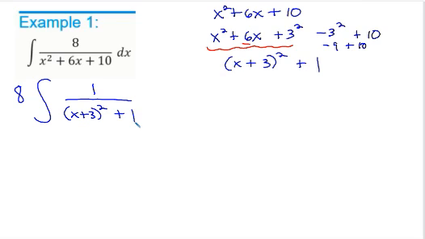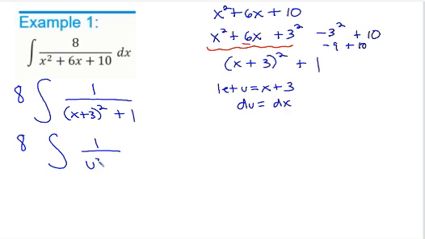Now we will have to do a u substitution. If I let u equal x plus 3, then du is just 1 dx. We don't even have to introduce anything. And I have 8 times the integral of 1 over u squared plus 1 du. And that's the one we just used, isn't it?